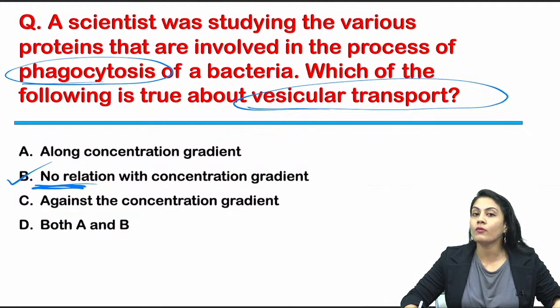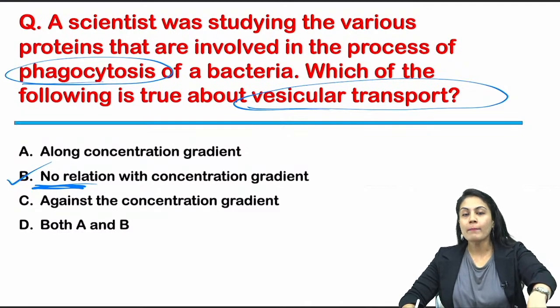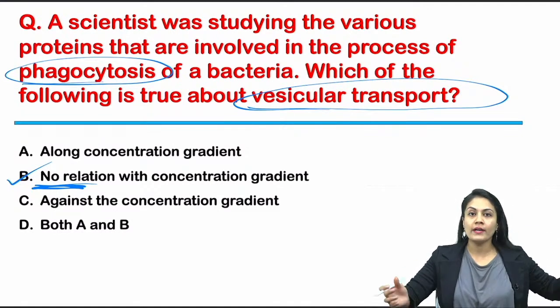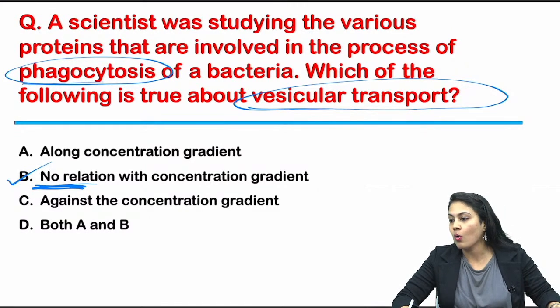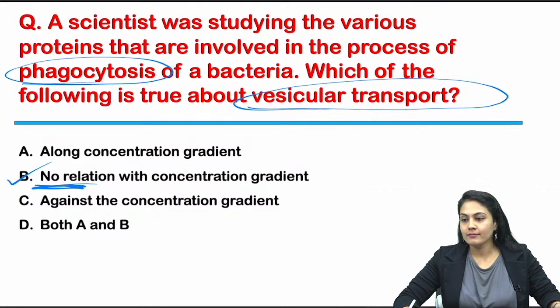But if you talk about phagocytosis, even if, let's say, outside there is one bacteria, and inside two bacteria are already engulfed by any phagosomes, or we can say the neutrophils, then what is going to happen? It will keep on continuing the phagocytosis, right? So it is not dependent on the gradient.